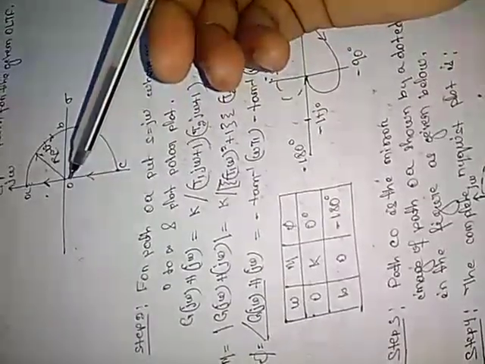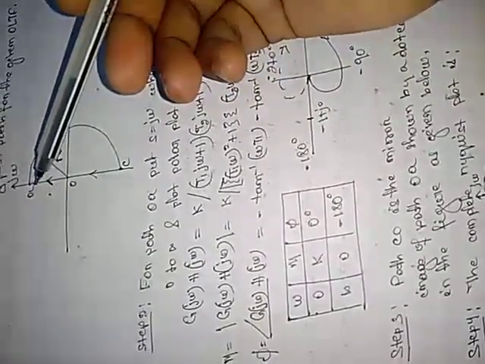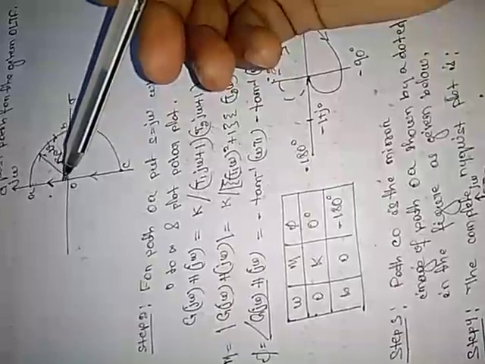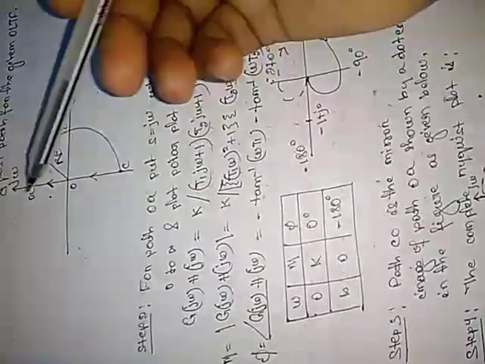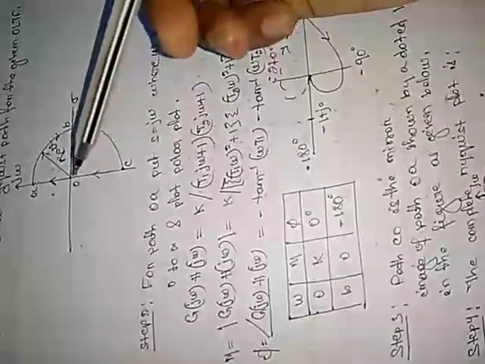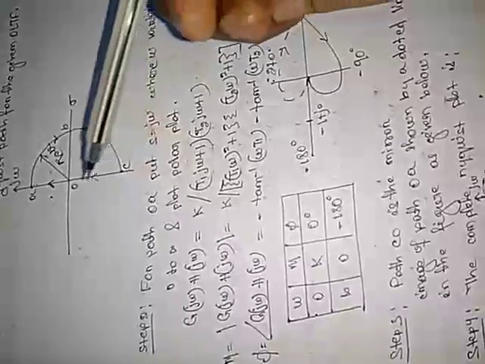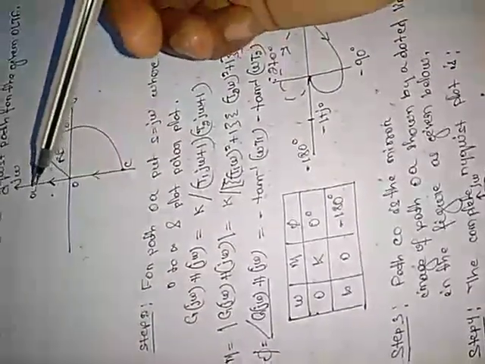For path OA, omega varies from 0 to infinity along the j omega axis, but for this, see the direction, it is minus infinity to 0. So this path CO is the mirror image of OA.